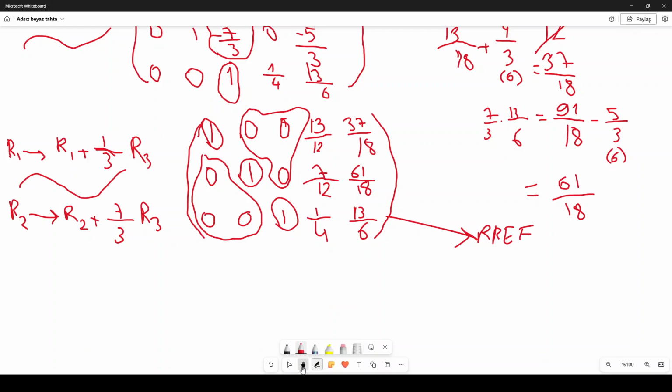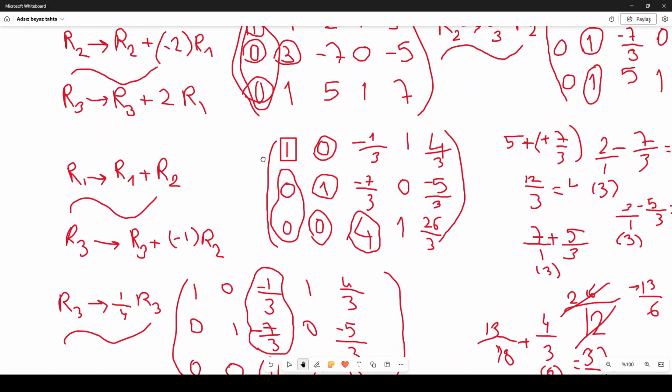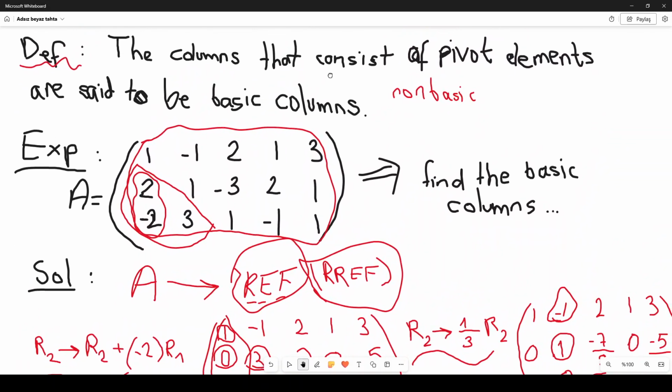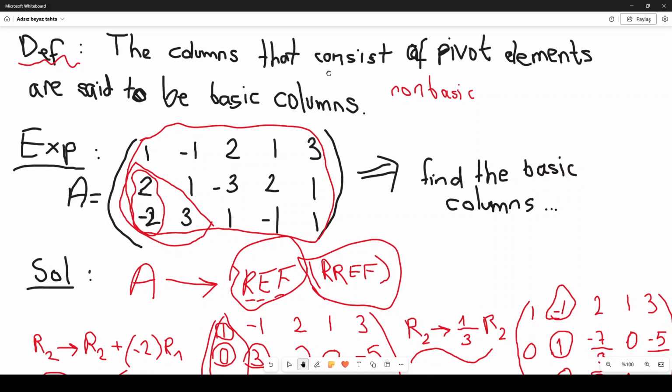That's because, you know, how do we find basic columns or non-basic columns? If you remember, the basic columns are nothing but the columns which consist of pivotal positions or the pivot elements.